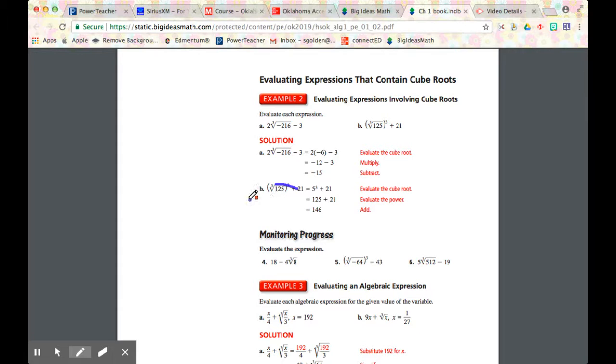And you're left with 125 plus 21. So it goes ahead and it skips a step. And then when you add those, you would get 146. Okay, I know that's not the prettiest. Sorry about that.